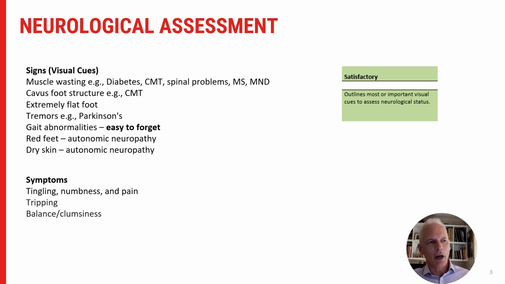Red feet, highly red feet, can be a sign of autonomic neuropathy. So your arteries, arterioles, are controlled by your sympathetic nervous system. And if this system is not working properly, because you have neuropathy of the autonomic system, then you may end up with significant vasodilation. Dry skin. This can occur in diabetes because of autonomic neuropathy.